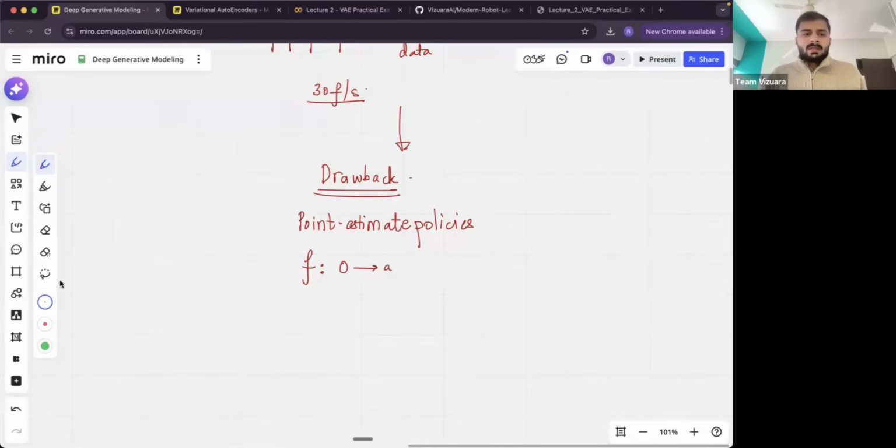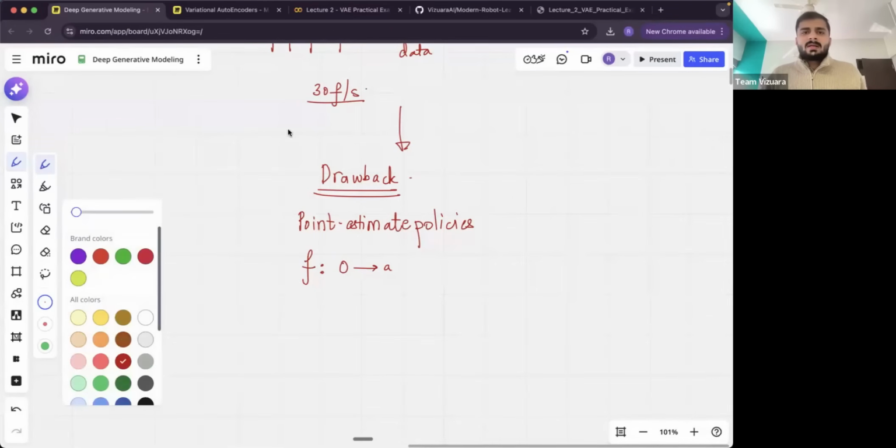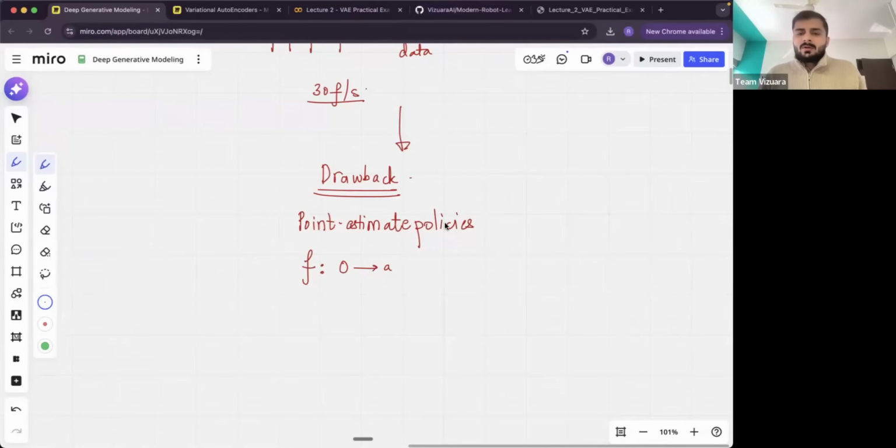So, yeah, what usually happens is that point estimate policies are not good enough for data that is multimodal, which has multiple modes. So, for example, if you have a robot here, and let's say this is the arm, and there is an obstacle over here, and there is an object which the arm is supposed to pick up.